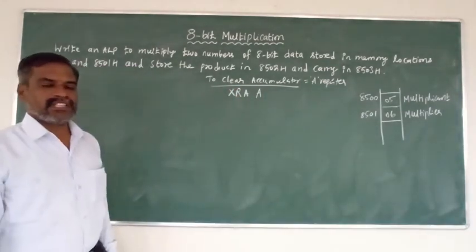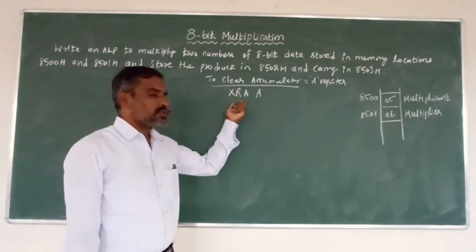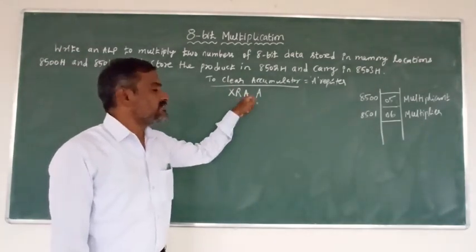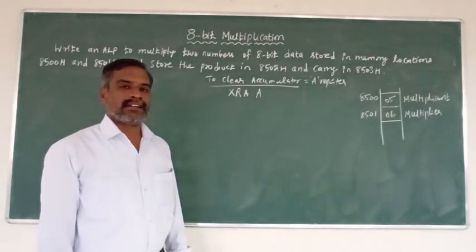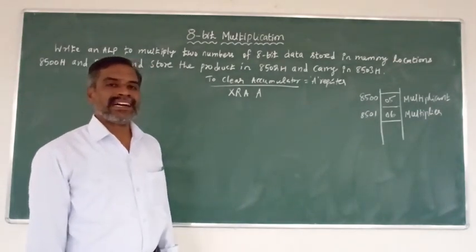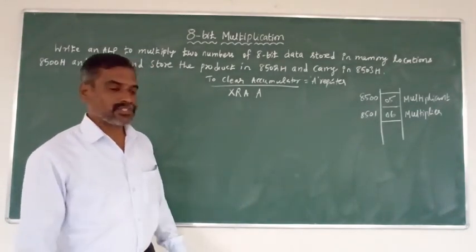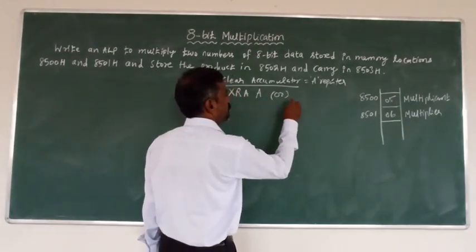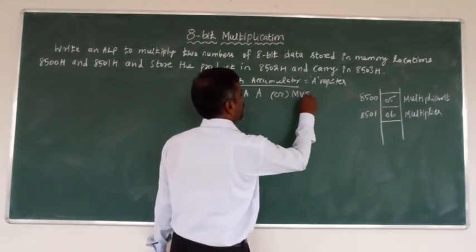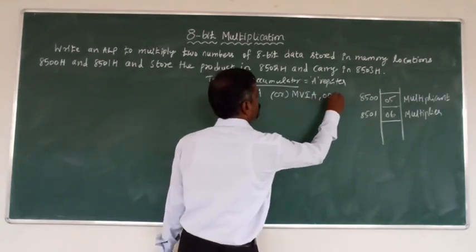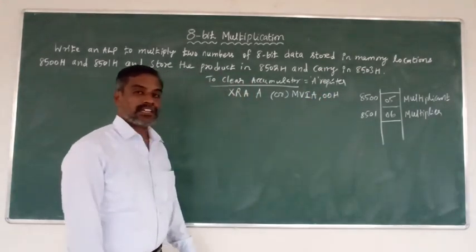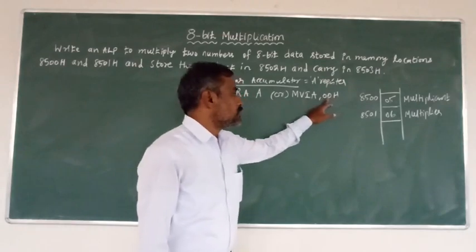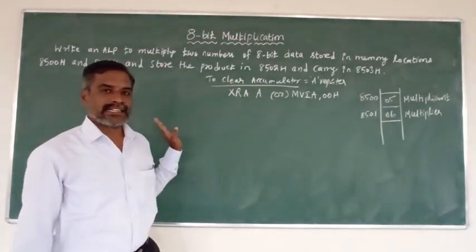XRA A means exclusive OR the accumulator with the accumulator. Now the accumulator result will be 00. We can use this instruction or we can use MVI A, 00. This is also to clear the accumulator content to 00.